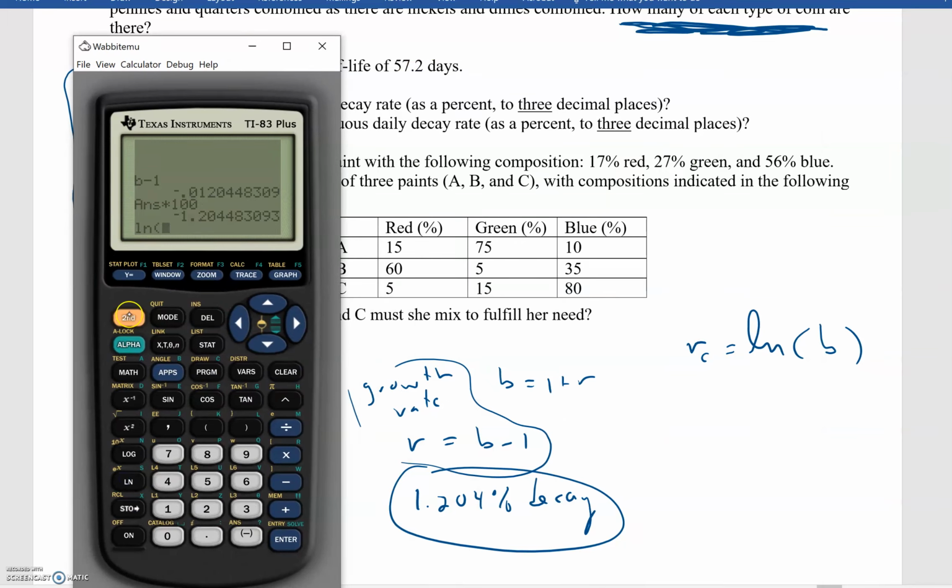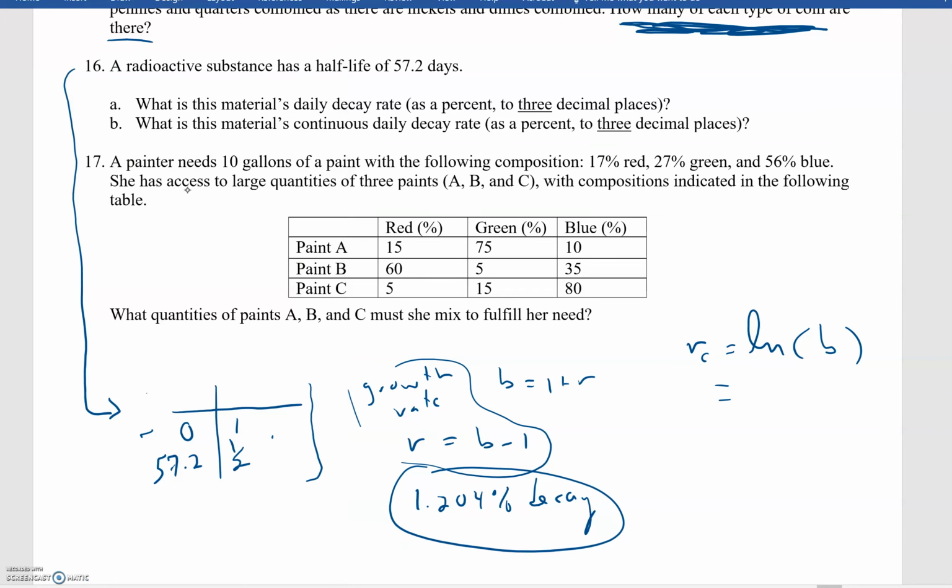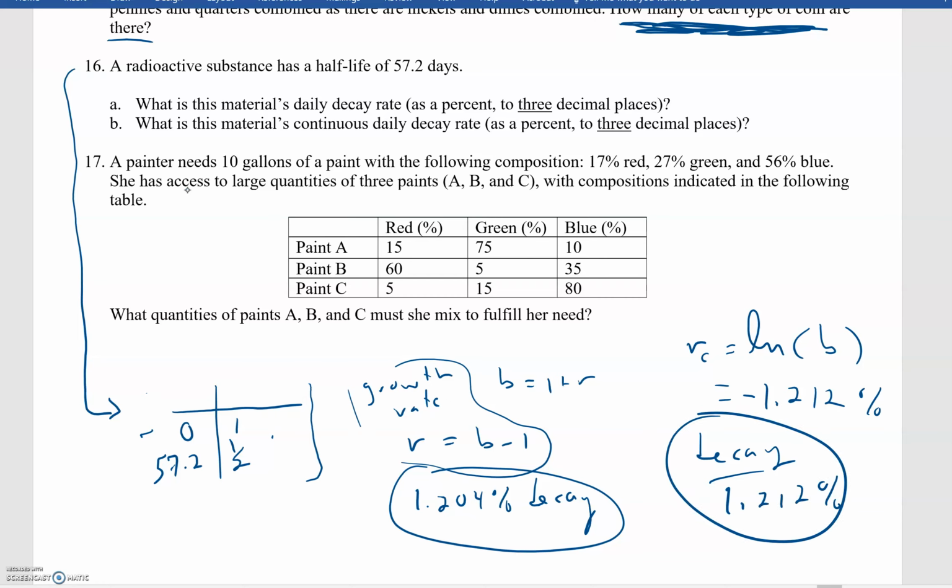So ln of VARS, Statistics, Equation, b, multiply that by 100, and I'm looking now at the growth rate. That is the continuous growth rate. So RC is negative 1.212. And so the decay rate is positive 1.212%.